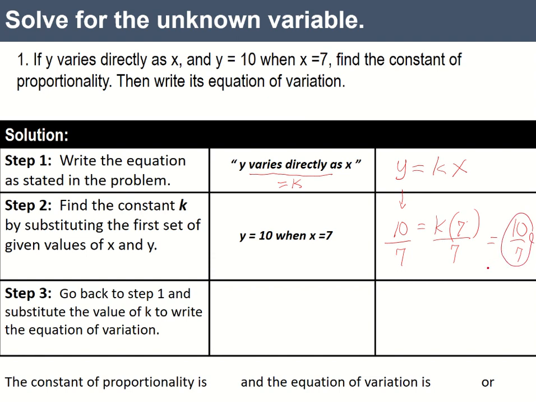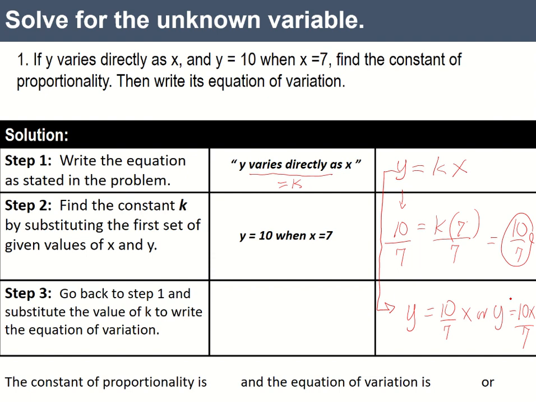Now that we know the constant, we can now go back to step 1. Then substitute the value of k. So we have now y is equal to 10 over 7 of x, or it can be written as y is equal to 10x over 7.